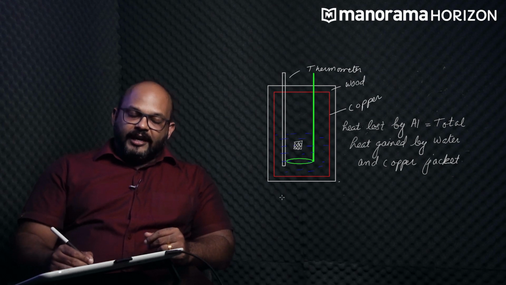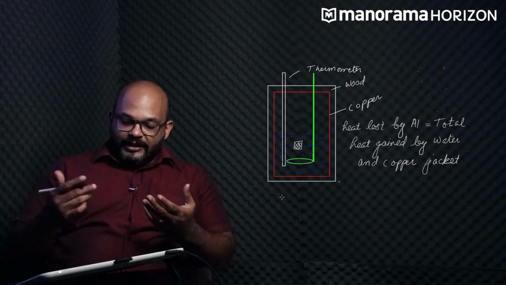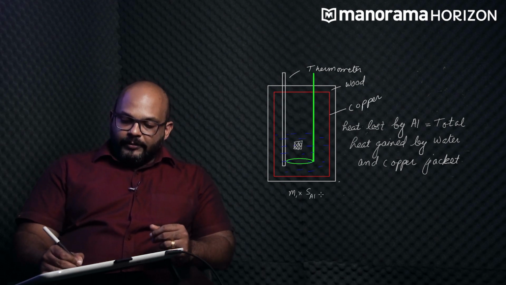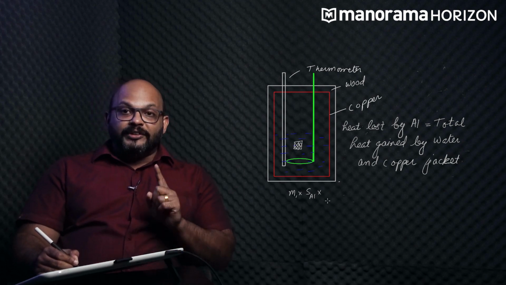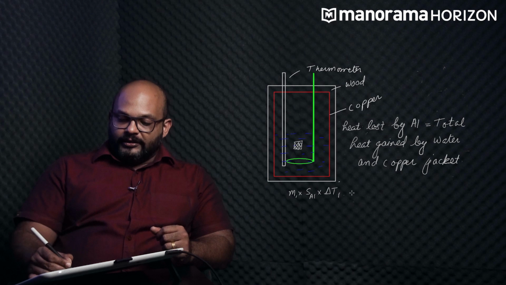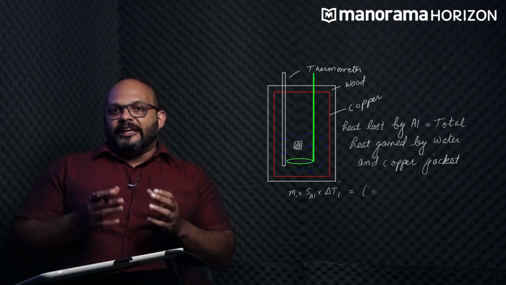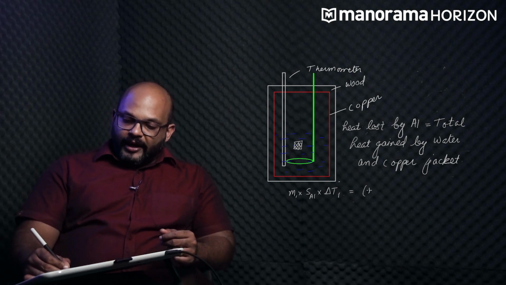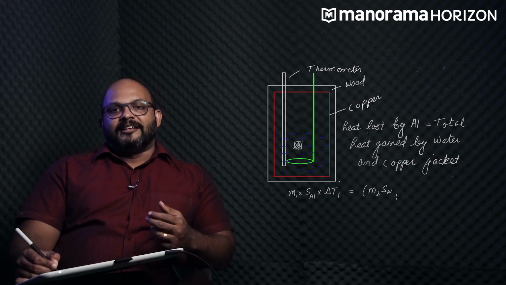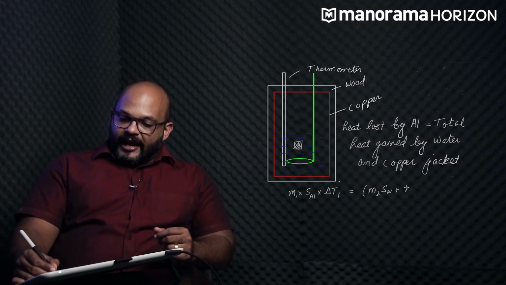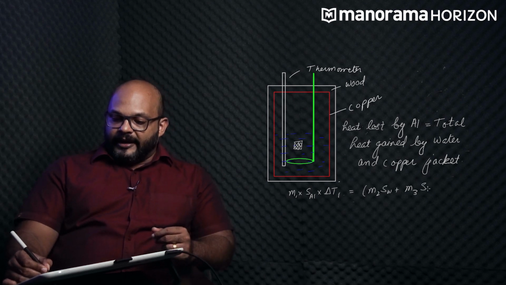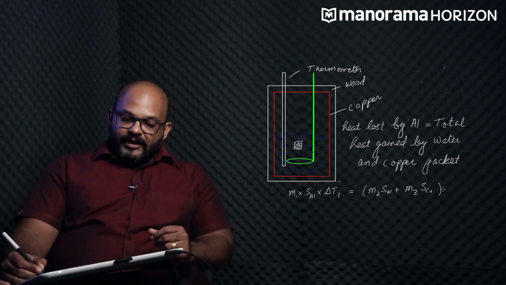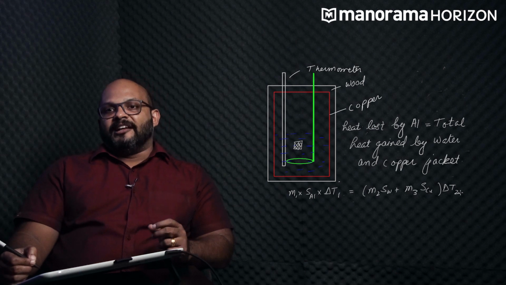Mathematically, the amount of heat energy lost by aluminum, that is M1 multiplied by the specific heat of aluminum multiplied by the change in the temperature of the aluminum, delta T1, is equal to the amount of heat gained by the mass of water and the copper jacket of the calorimeter, that is M2 multiplied by SW, the specific heat of water, plus M3, the mass of the copper, multiplied by S subscript Cu, the specific heat per unit mass of the copper, collectively multiplied by the change in the temperature of the calorimeter system.